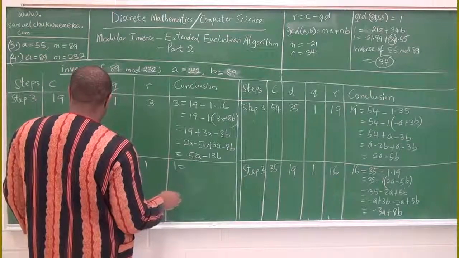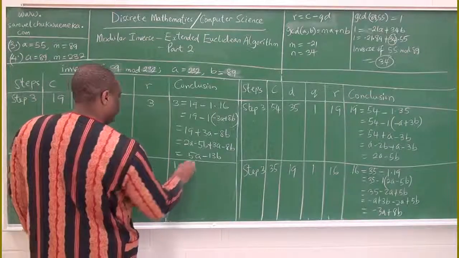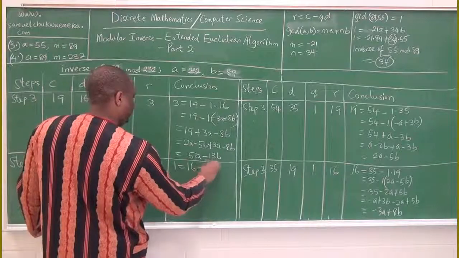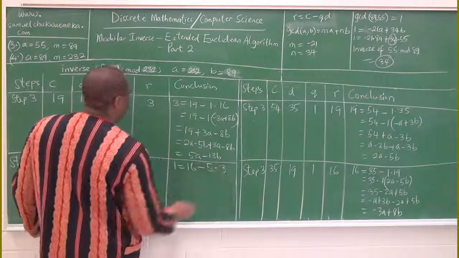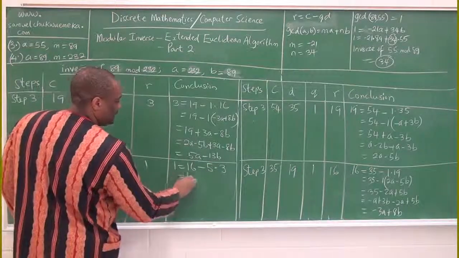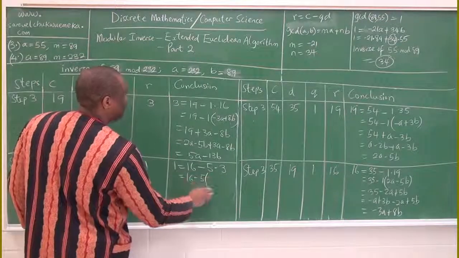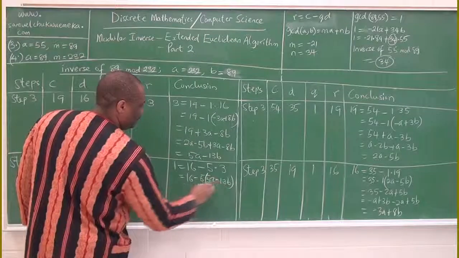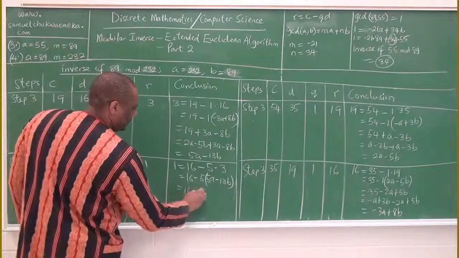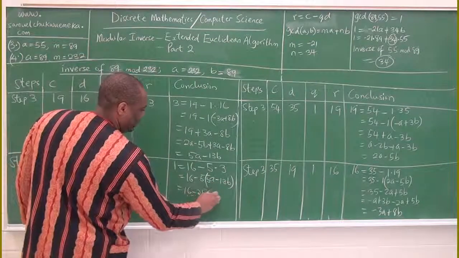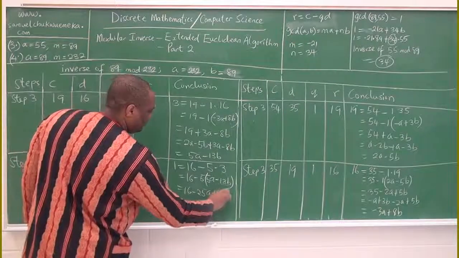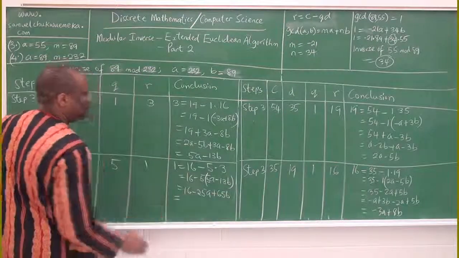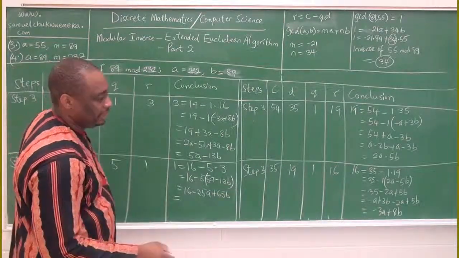1 is equal to 16 minus 5 times 3, right? Which is 16 minus 5 times 3 is what? 5a minus 13b. So this is 16 minus 25a plus 65b. And our 16 is what? What did we get as our 16?